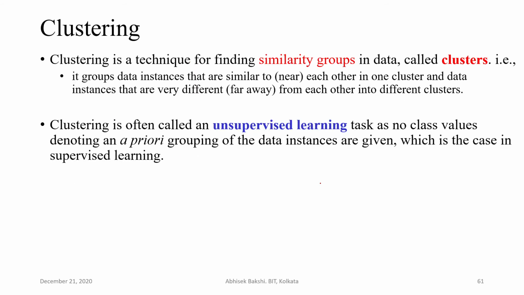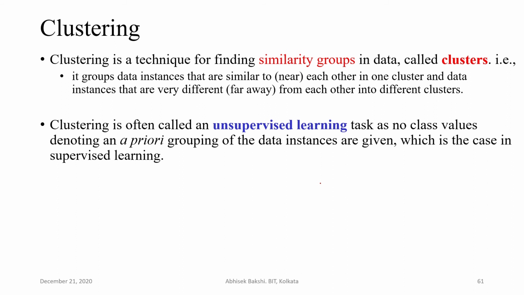Okay. Just like we have classification for supervised learning problems, for unsupervised learning problems most of the cases are clustering. What is clustering? It is a technique for finding similarity groups in data. That is what we call a cluster.